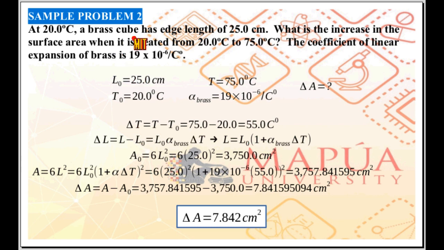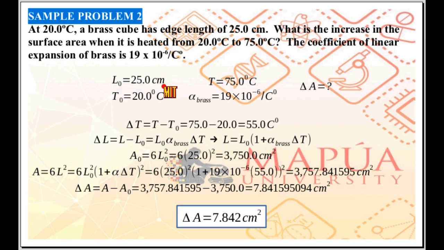From the geometry of a cube, the surface area of a cube is the area on one side times the number of sides. A cube has 6 sides, and the area of one side is the area of a square, so that's simply edge length squared. So the initial area on one side is L naught squared.